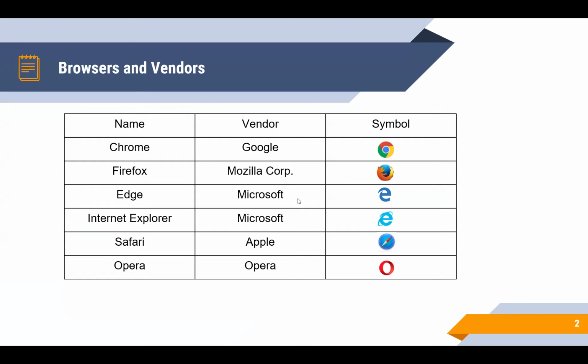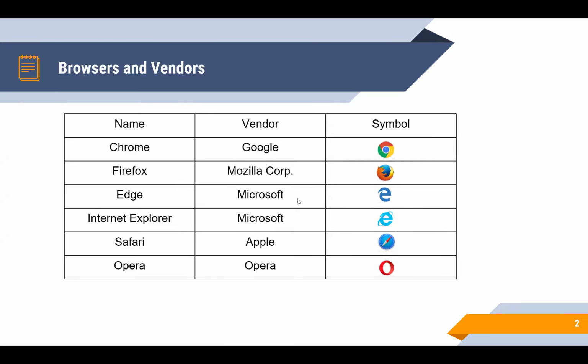Safari is the product of Apple. And Opera is the product of Opera. So these are the common browsers we are using, and different browsers are the products of different companies.